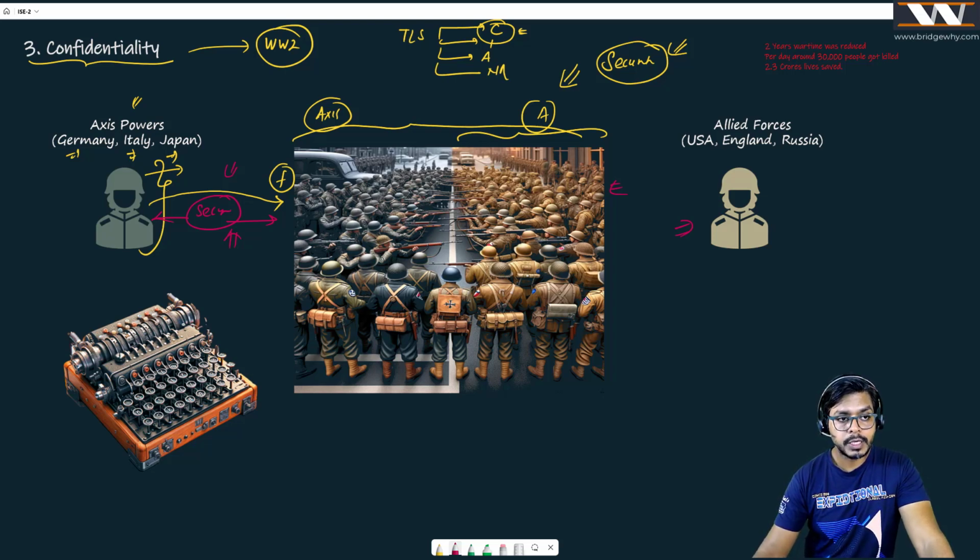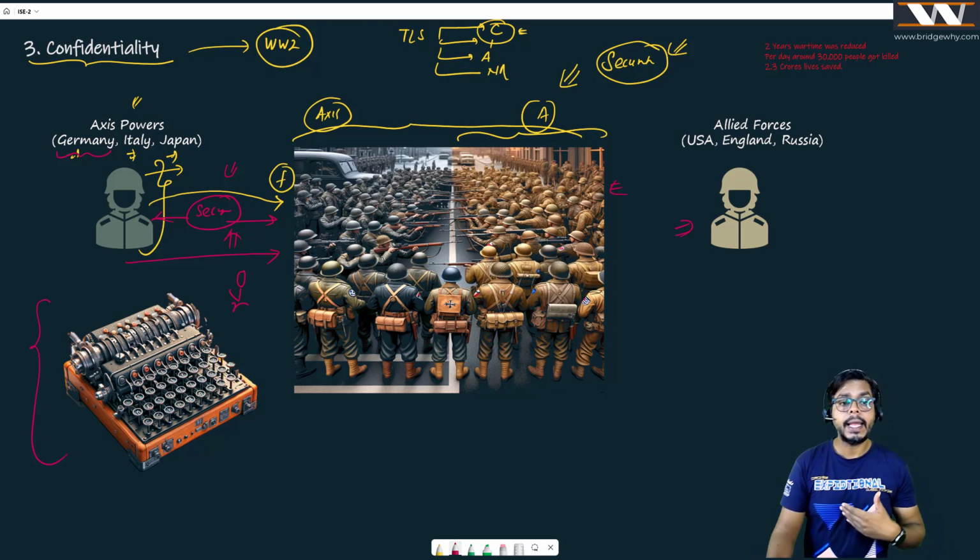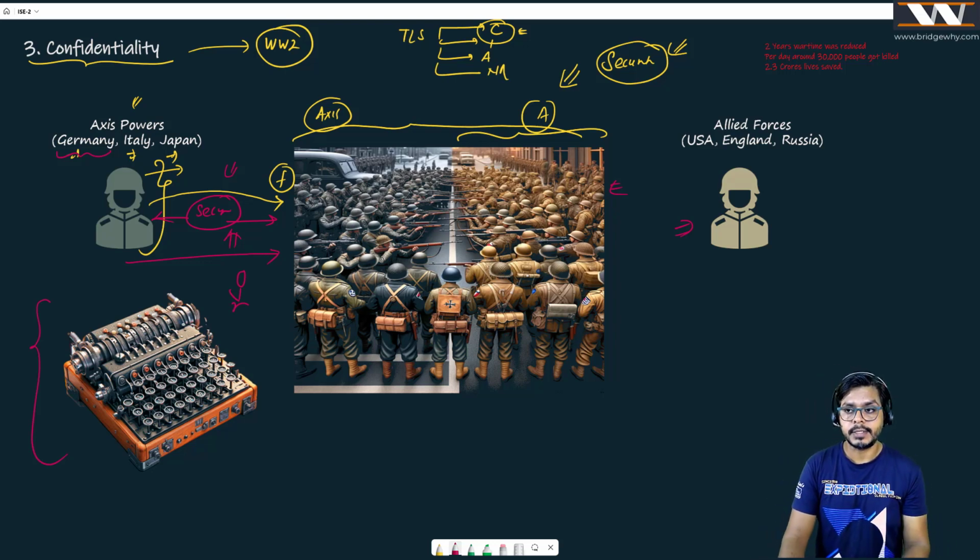And that is why Germany was so sure of its security principles and technology. They sent these messages in such a way that if an intruder took these messages, he or she would not be able to get anything out of them.